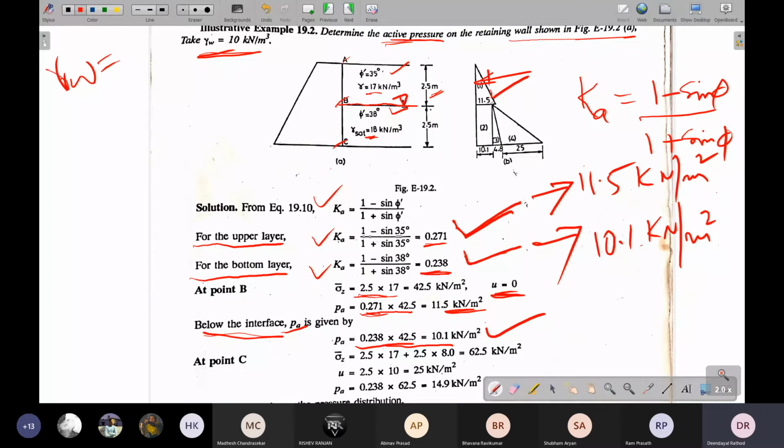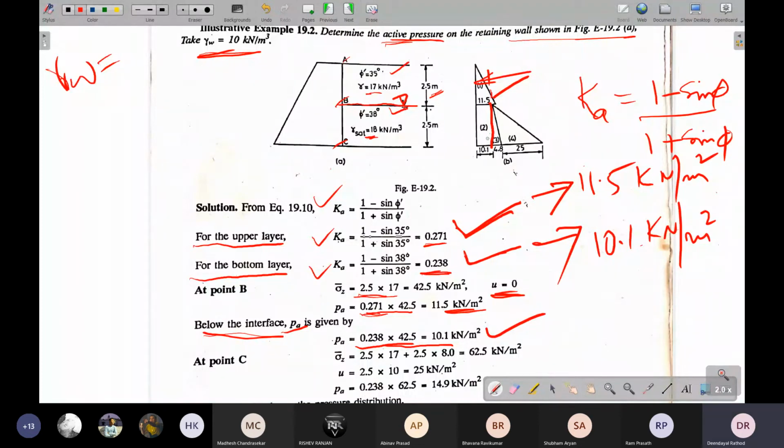Then what is happening here, after increasing, here decreasing? 11.5 is above the interface, the same plane only, and 10.1 is below the interface. Understood? 11.5 is just above the interface of that particular layer, and 10.1 is just below that one.